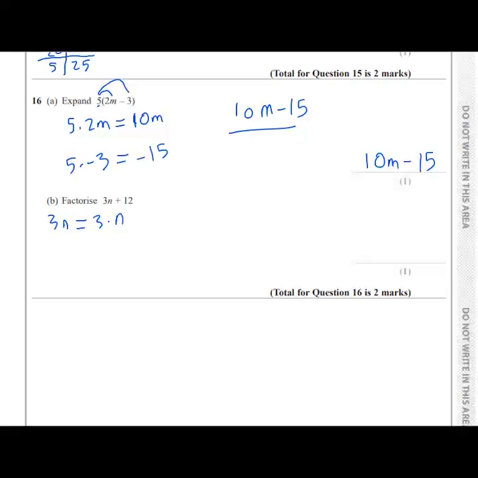But n, we don't know anything about n. That could be anything. It could be 1, 0, 100. So we're just going to leave that be for a while. And now 3 is a prime number. So we can't factor that anymore. It's 1 times 3, but getting a 1, that's not very helpful. That confuses things. So we'll leave that as 3.